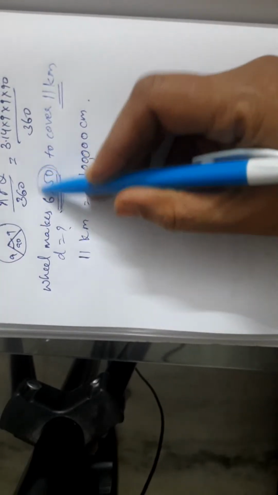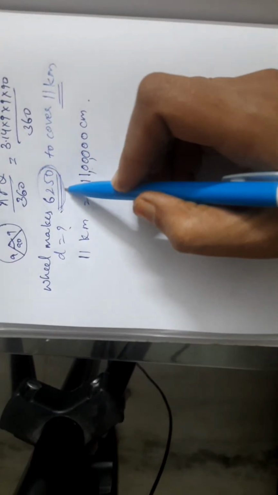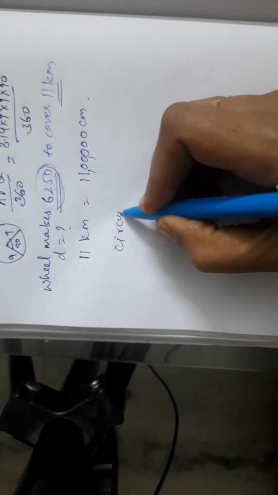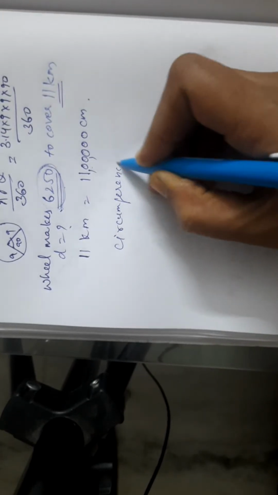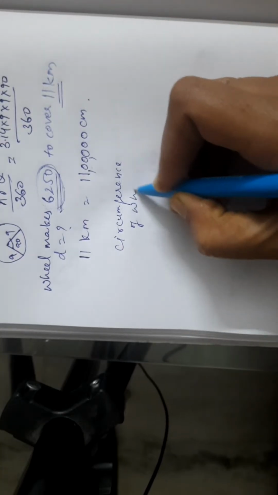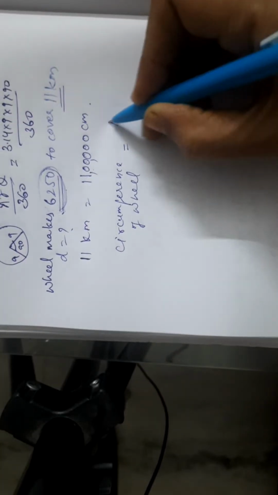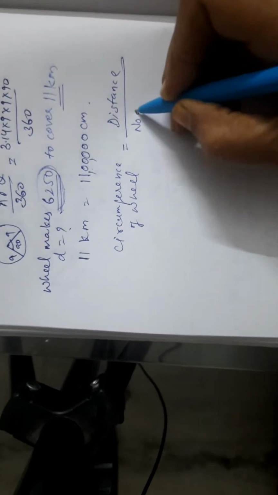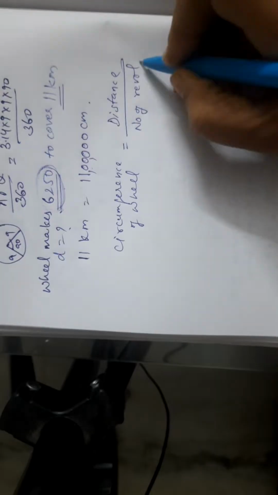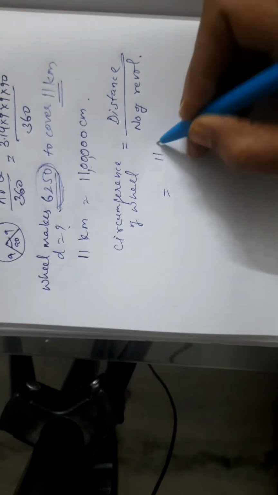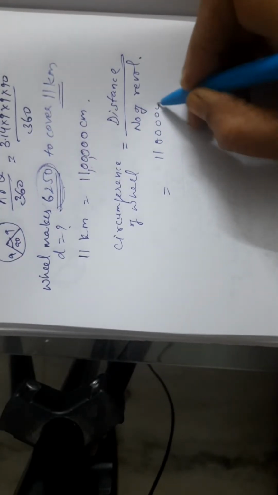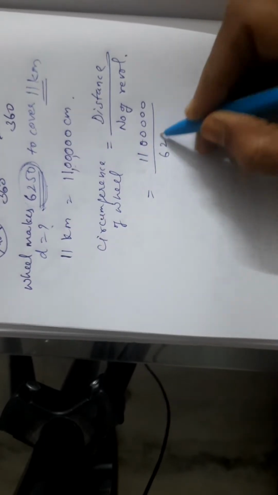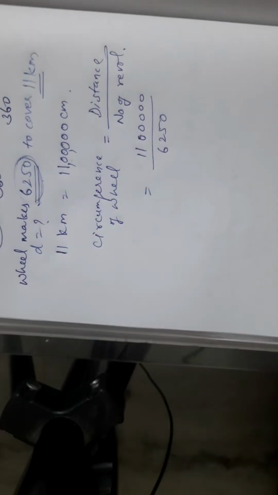Wheel is making 6,250 revolutions. Now circumference, this formula you need to remember. Circumference of wheel is equal to distance divided by number of revolutions. Here distance is 11 lakh. Number of revolutions is 6,250.